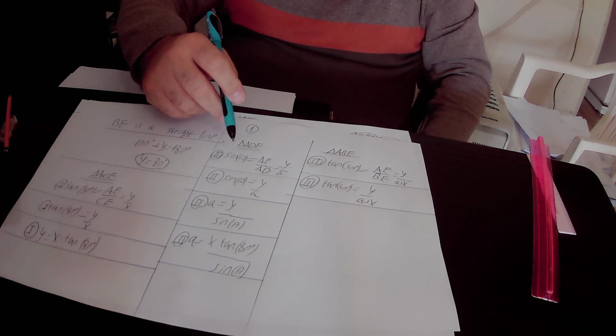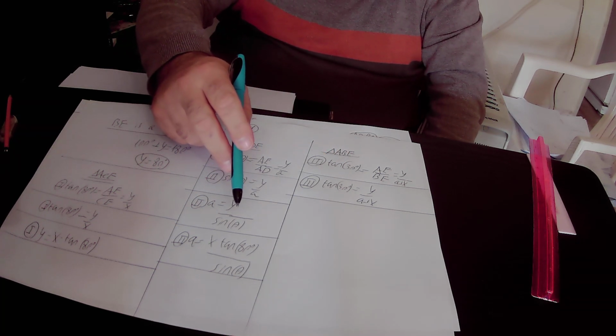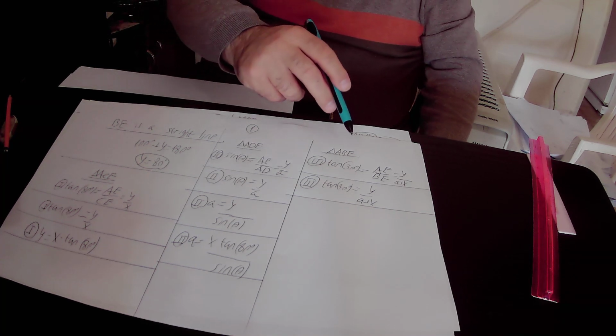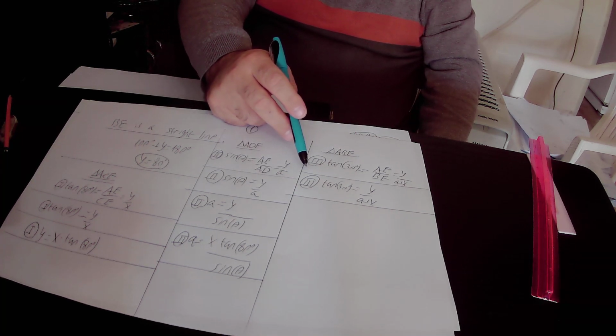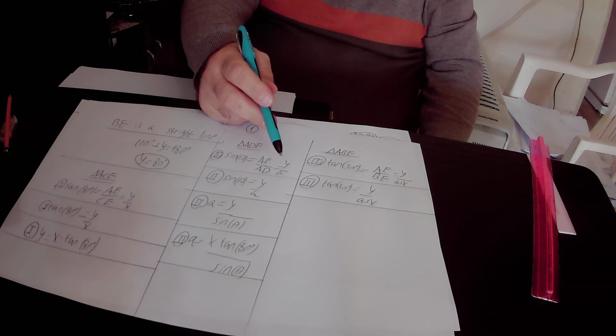And according to equation number 2, A equals X times tangent 80 degrees over sine theta. So I will substitute A and Y in equation number 3 by the values that we found for them in equation number 1 and equation number 2.